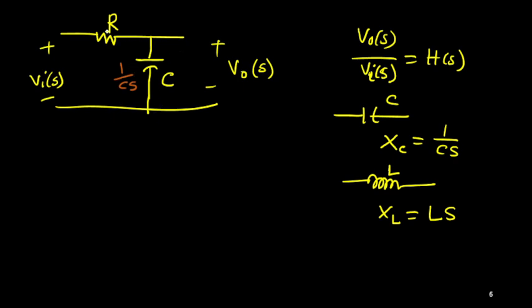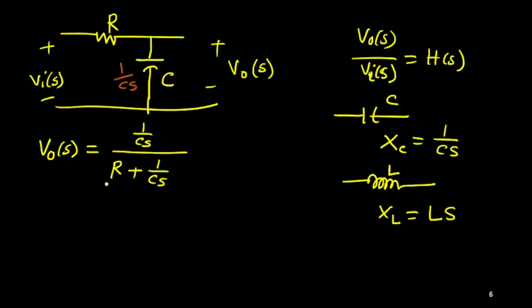potential divider circuit, right? So we are taking output across the capacitor, its reactance is 1 upon CS. Okay. So what is output? Can we find output V0(S)? V0 will be the reactance of the capacitor, that is 1 upon CS, by total reactance or resistances, this is R, plus this one 1 upon CS.